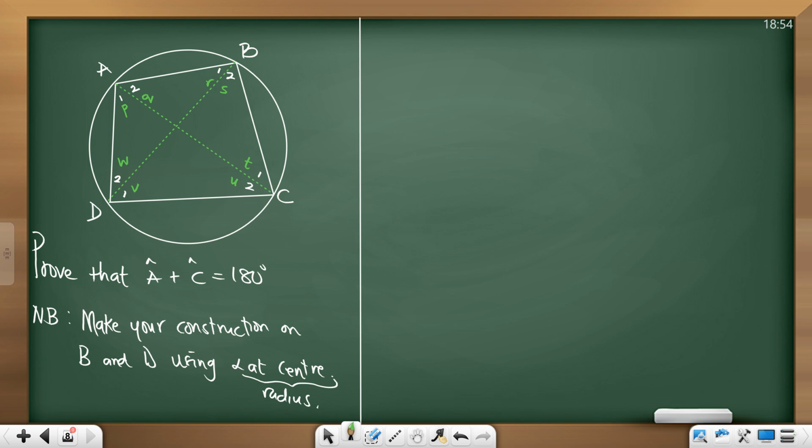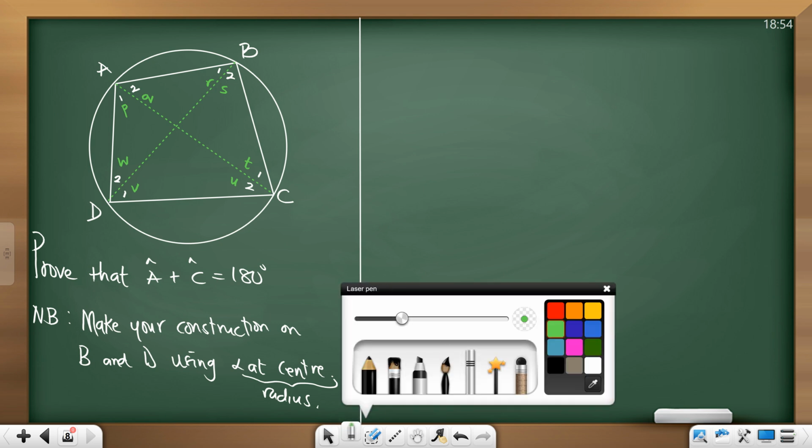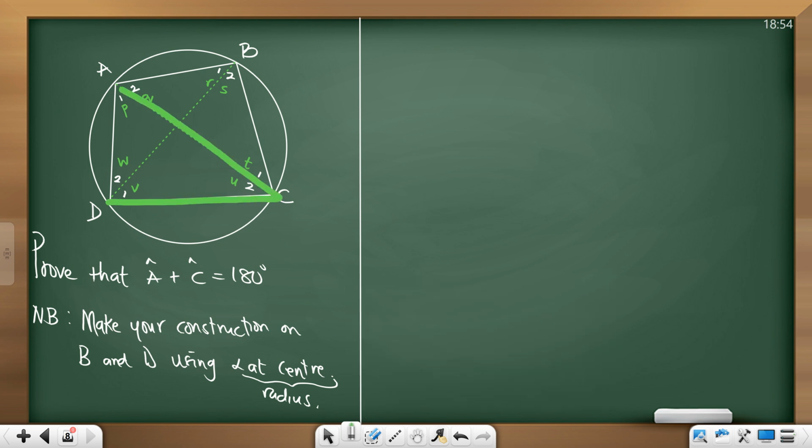Since it's angles in the same segment, I'm going to highlight for you, this angle should be equal to what? Does that make sense? Do you agree? That this angle, so can I do something? Can I change this to P?